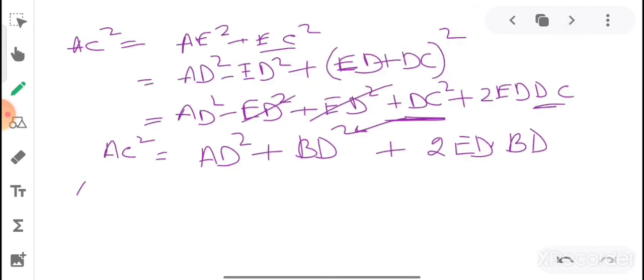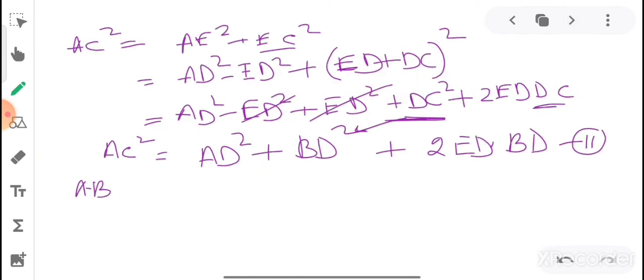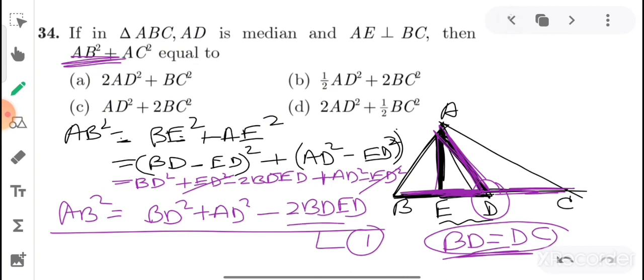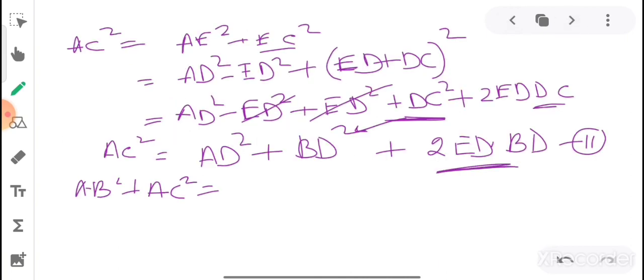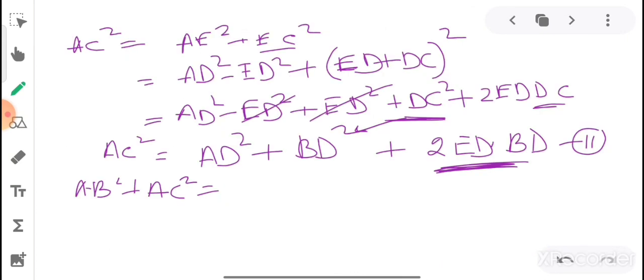Just add equation 2 and equation 1. AB square plus AC square gives minus 2 BD ED and plus 2 BD ED, and we can omit these terms, and 2 AD square plus 2 BD square remain.